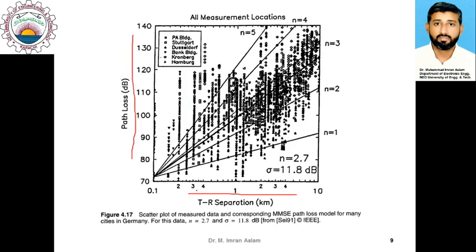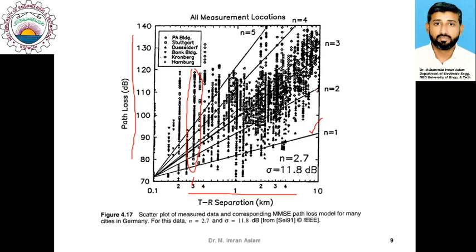If I take the distance to be equal to 0.3 meter, which is here, you can see that these are all the received powers at that particular distance. So at one distance there is a range of powers that are received. Similarly, for all other distances a range of values are received.